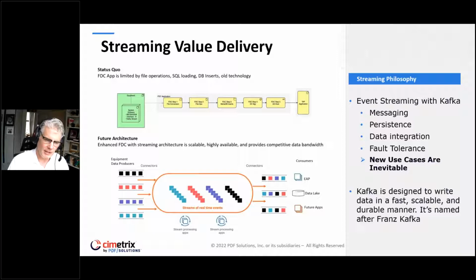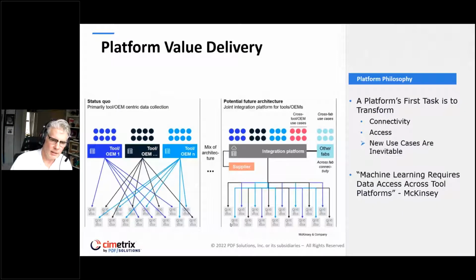This data can be captured and streamed with tools like I'm going to show you here in a parallel fashion, and then brokered and sent to various data consumers. In this case, data lakes, you have AI algorithms, you have future apps like that. So this is where we believe the future is heading. In the next slide, we show you how we're using Kafka and other streaming tools to get there.